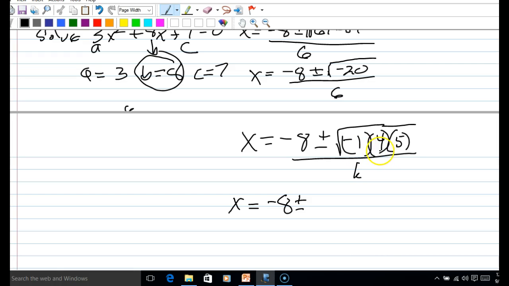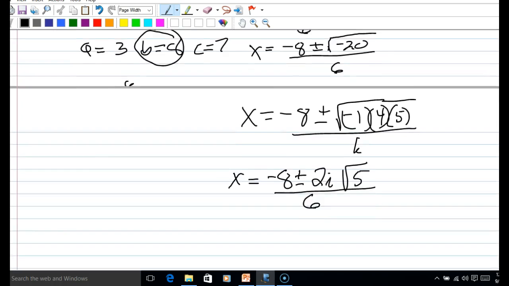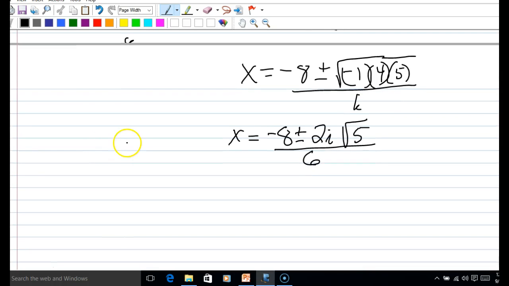So I can extract the square root of 4, which is 2, and I can extract the square root of negative 1, which is i, from this radical. So it gives me plus or minus 2i times the square root of 5. There's not anything I can do with that, all over 6. And I can factor 2 out of each one of these terms here.